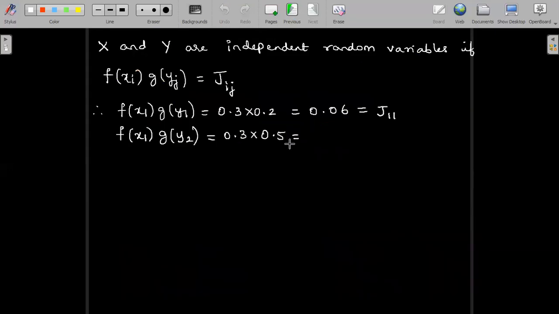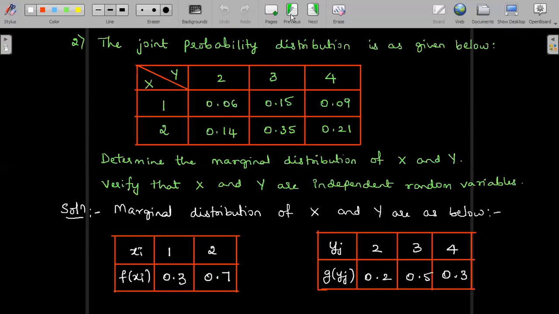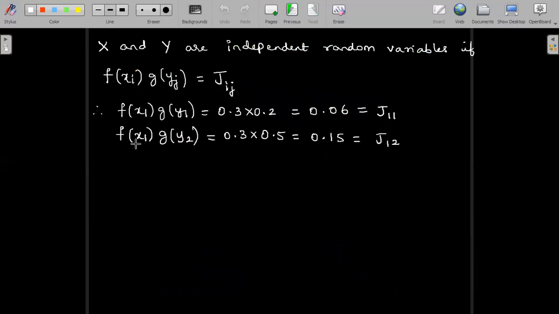So that is what I substituted. This product is equal to 0.15, and we observe that this is equal to j12. I have kept x equal to 1 and varied y, the second value of y. j12 from the joint probability distribution table is 0.15, you can observe. So the product f of x1 into g of y2 is equal to j12. So even this got satisfied.